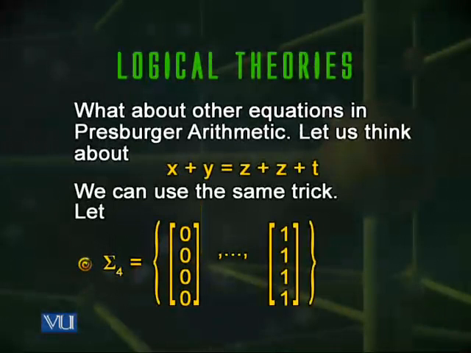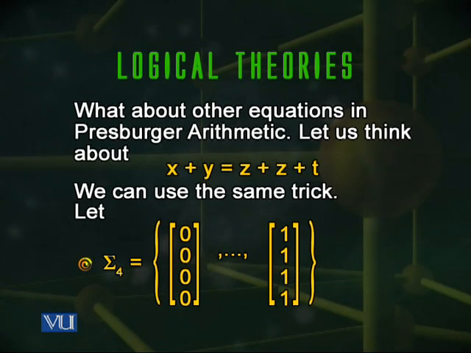Now, what we will do is we will work with a different alphabet. This alphabet is going to be larger, and each character of this alphabet is going to represent the 4 bits of the numbers that we are interested in. Let sigma 4 be this alphabet which has all these characters.